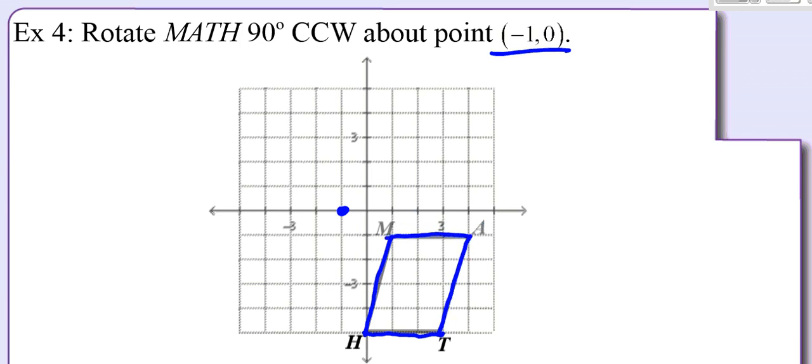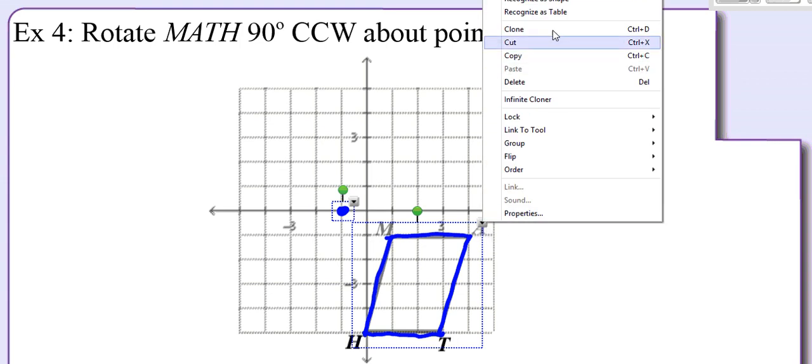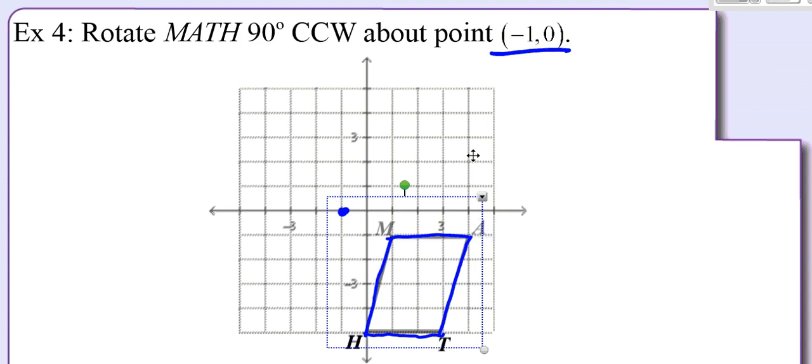So it's a little more complicated on this computer. Just 90 counterclockwise. So I can turn it, and then I have to kind of redo my point on the computer here.